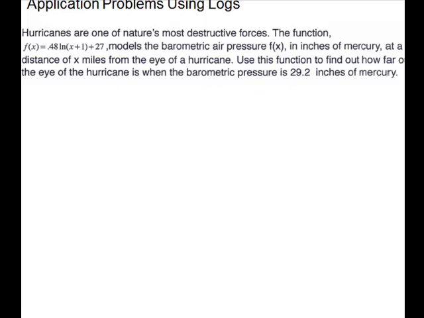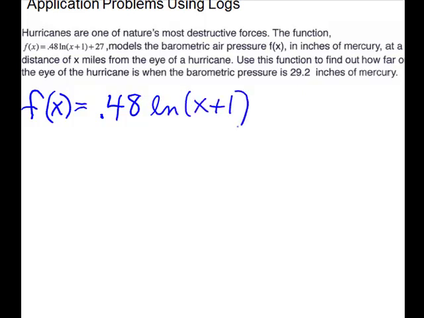So our function is important. I'm going to just rewrite it bigger. So f of x equals 0.48 times the natural log of x plus 1, plus 27.